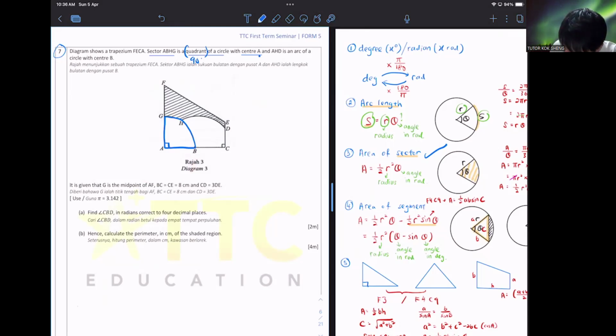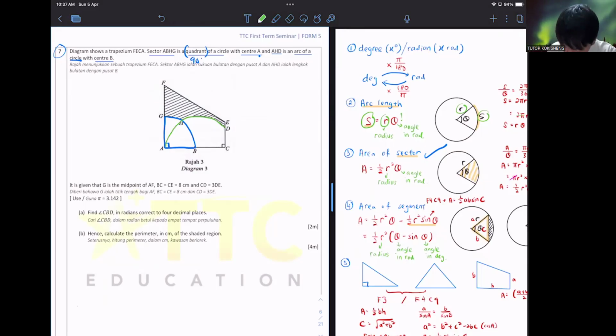Next, AHD is an arc of a circle with center B. AHD over here. Another one. Okay, this is better.